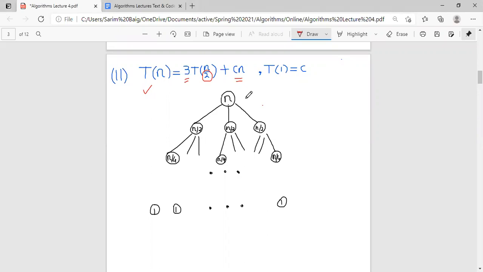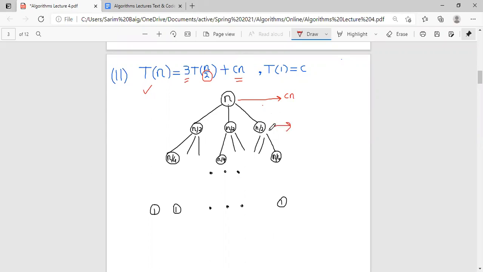So, well, let's again go level by level. So in the first level here, according to the recurrence, size n की problem को cn work चाहिए होता in that step here. In the second level, 3 total problems.